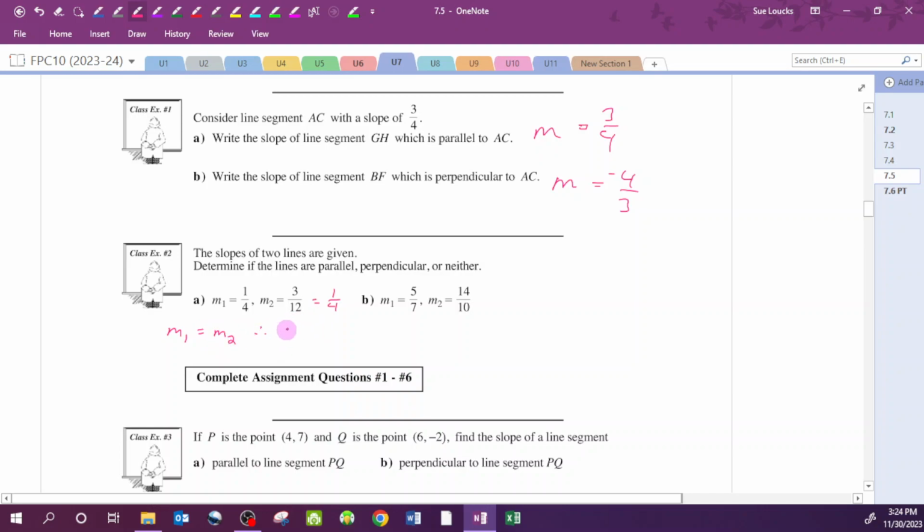Therefore, lines are parallel, segments are parallel. We're not being really picky about that, but lines are parallel.